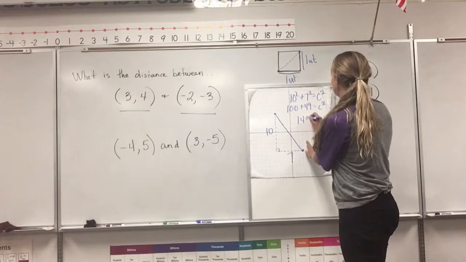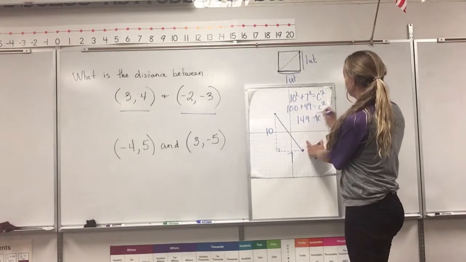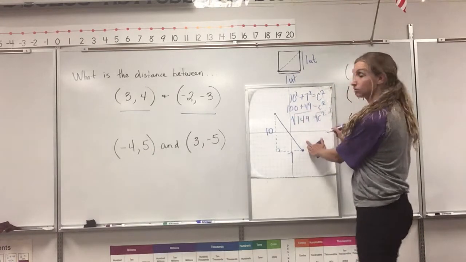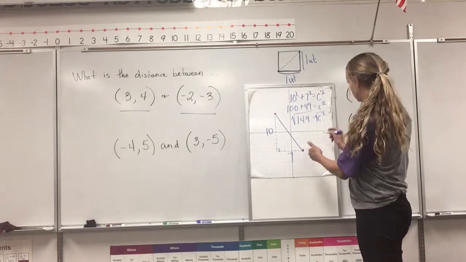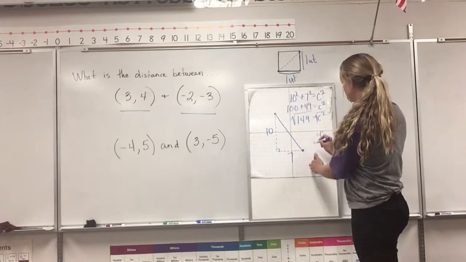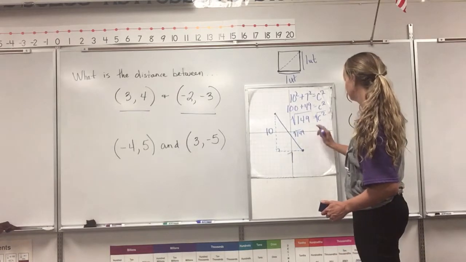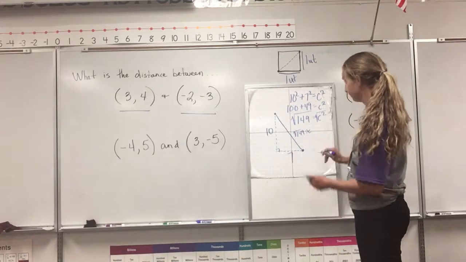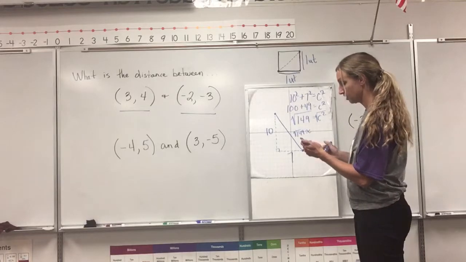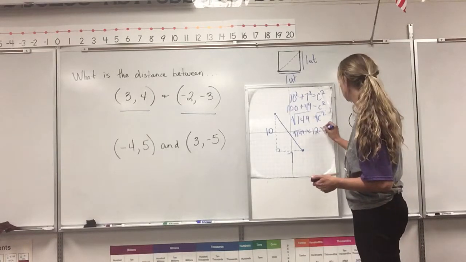That's 149 equals C squared. I'm going to find the square root. And so C is the square root of 149, which is approximately 12.2.